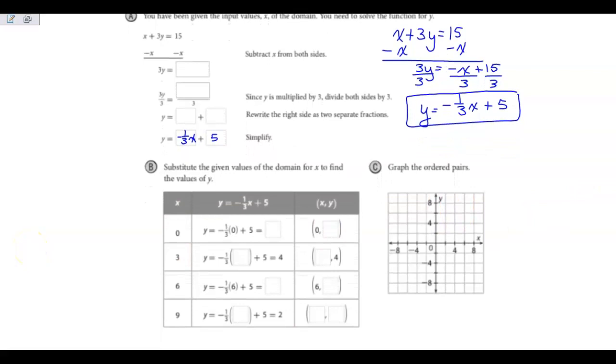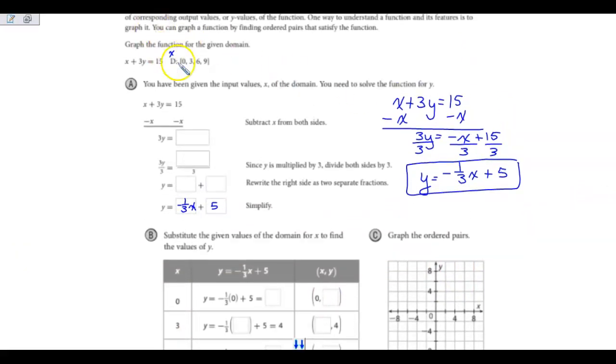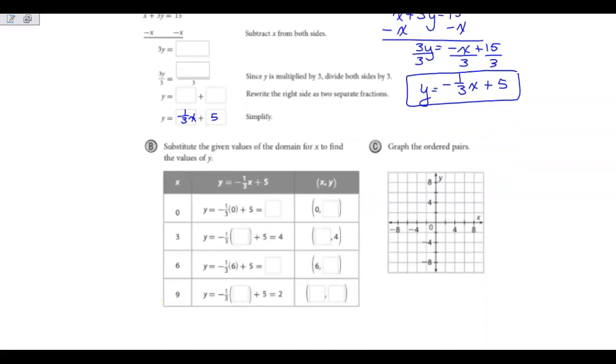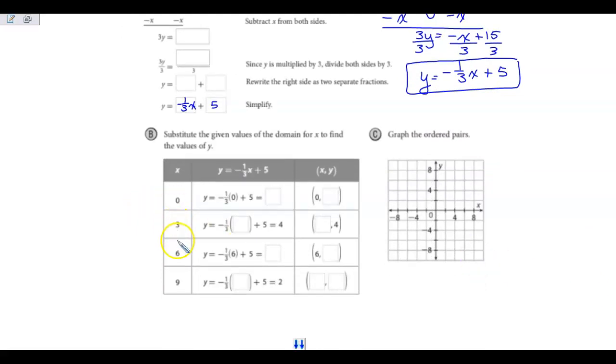Alright, so they want us to use the domain of 0, 3, 6, and 9. And so those values are going to come down here in my table, and they become my x values. So 0, 3, 6, and 9, that's my domain. Negative 1/3 times 0 is 0, plus 5 is 5.